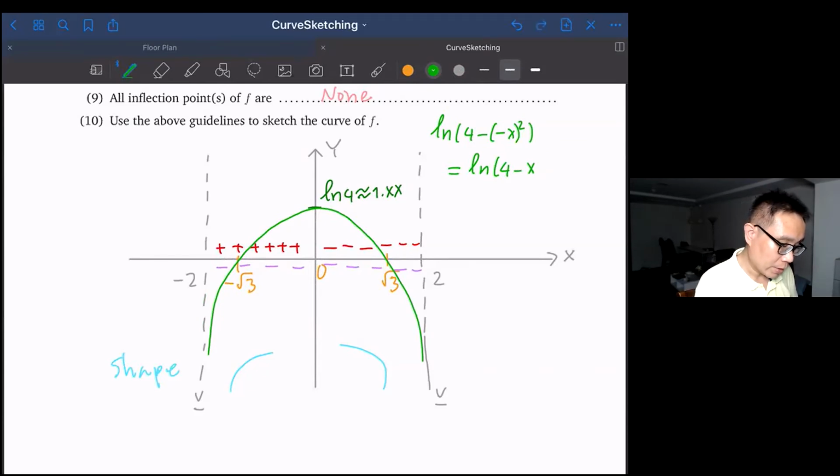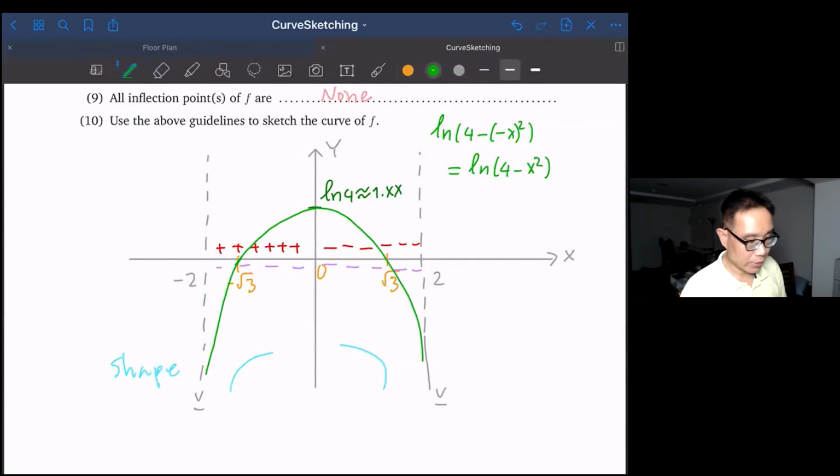Okay, let me draw this one in a symmetric way a little bit. I would suggest erasing. So for this one, come down. Okay, so it's going to come down like this, and that's going to be my graph.